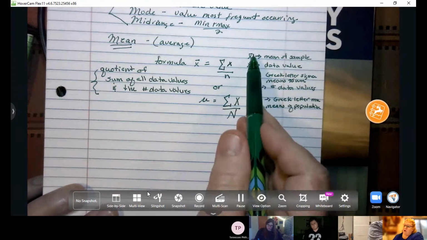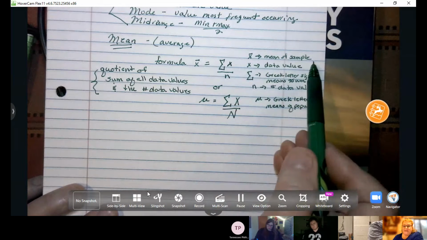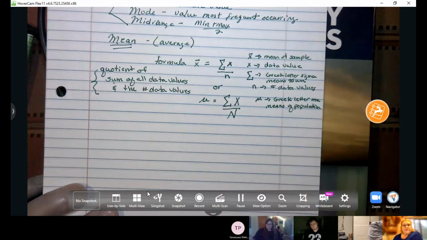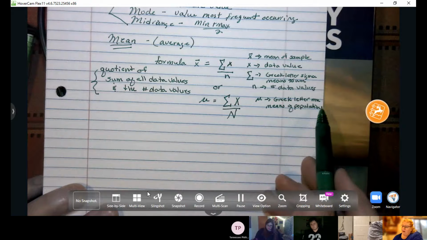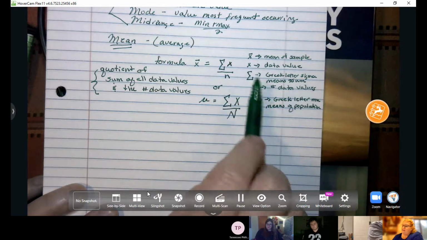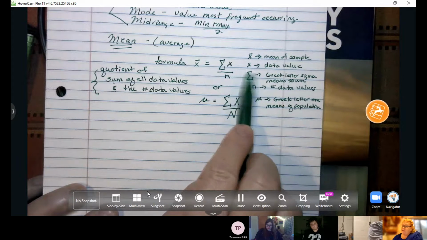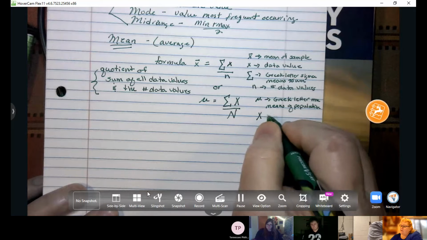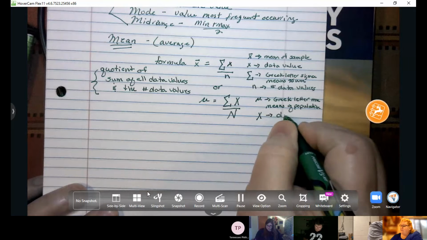So the X with the bar over it means we're doing the mean of the sample, where the mu means we're doing the mean of the population. And if we're doing the mean of the population, we're doing it exactly the same, but instead of using a lowercase x for the data value, we use a capital X for the data values.